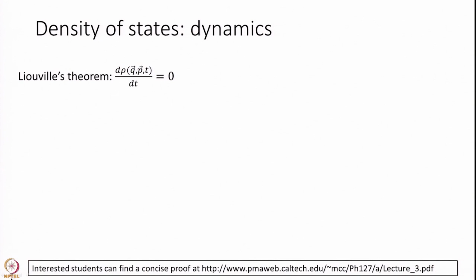It is called the very famous Liouville's theorem. Liouville was another very famous mathematician, and he was also exploring the dynamics of our nature, the differential equations that govern our nature, and he figured out one very strange and powerful theorem, which is called Liouville's theorem. d rho over dt is 0. I must emphasize this is a full differential, I have not made a mistake.